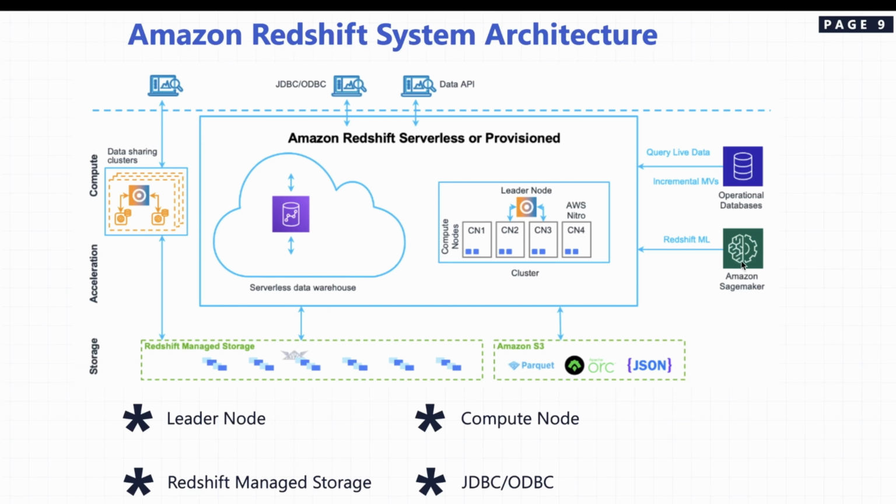This is Amazon SageMaker, which is used to perform machine learning tasks by communicating with Amazon Redshift, and to perform data ingestion or to query over live data we will use this operational database. We'll discuss everything in detail. And whatever query we execute, we get the results back using this data API.